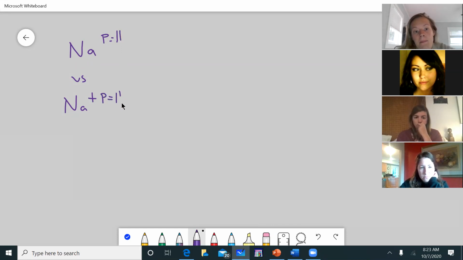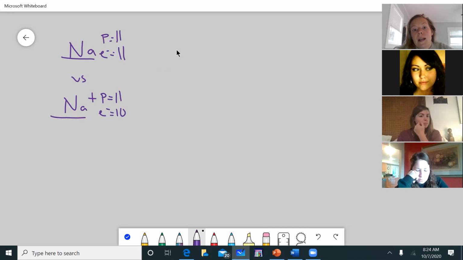Protons, 11. How many electrons are in this situation where we have a ground state? It's also 11. What about what's happening here? If we have a charge or a plus, what have we done? We have stripped one of the electrons away. So in this, we actually have 10 electrons. Okay. So the electron configuration for this is different than the electron configuration for this because we have one less electron.